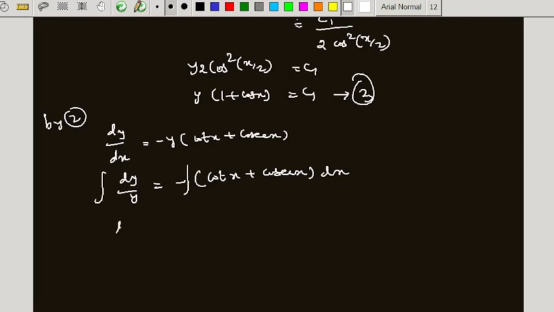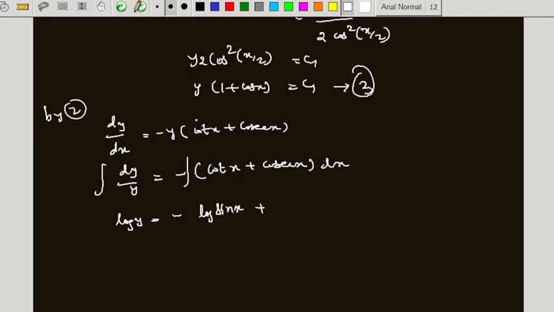So here log y equal to minus this one, we can write it as log sin x, and this one, so here log cosecant x can be written as log tan of x by 2 plus log c2.